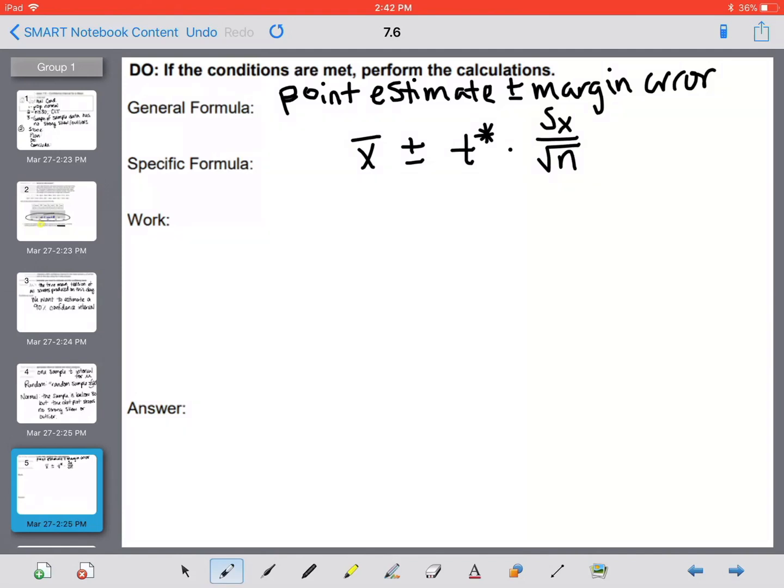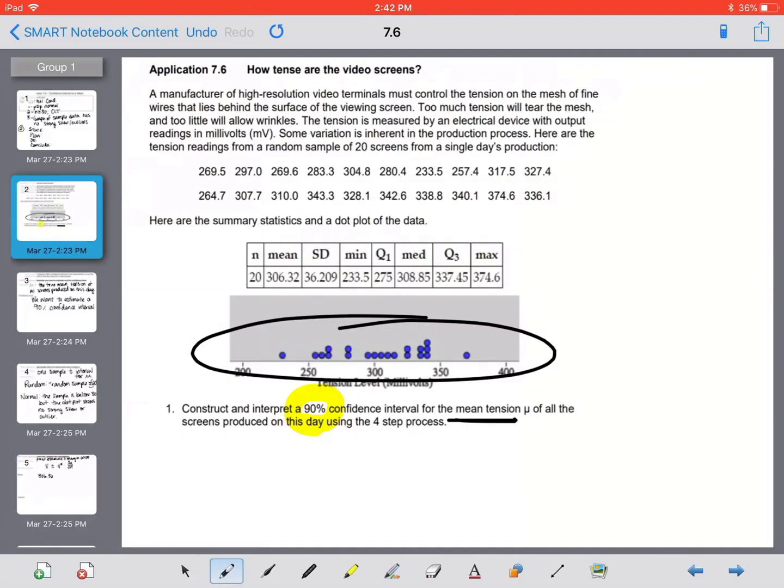So our x bar is 306.32. They tell us our mean right here, 306.32.